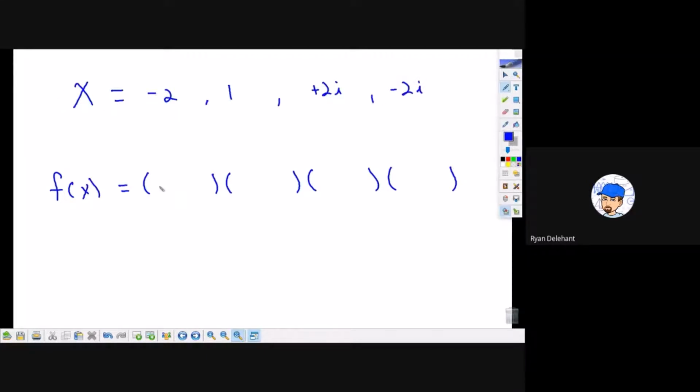In factored form, this was x plus 2, x minus 1, because remember we're starting with this and we're solving it for 0. Just like we did in the other one when it tells us where they go in. This one was x equals 1, so that's x minus 1.